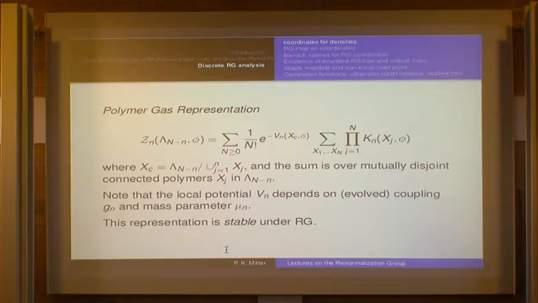And the local potential will depend on the evolved coupling constants, and we have to find out how they evolve, and the mass parameter. Now, I claim this representation is stable under the renormalization group.